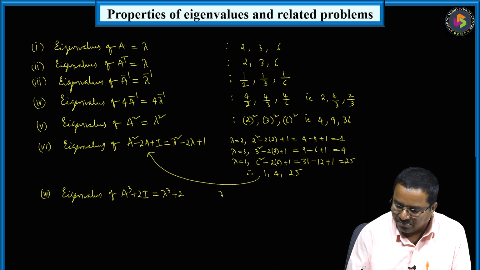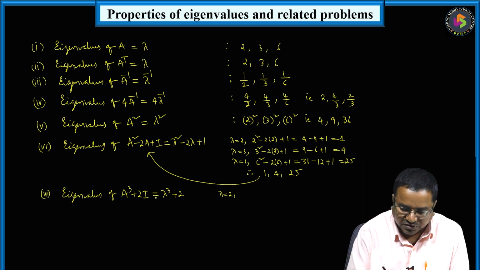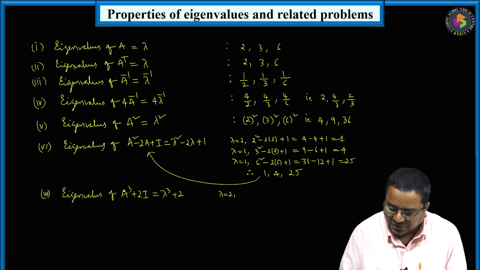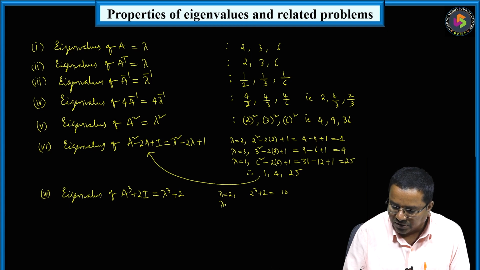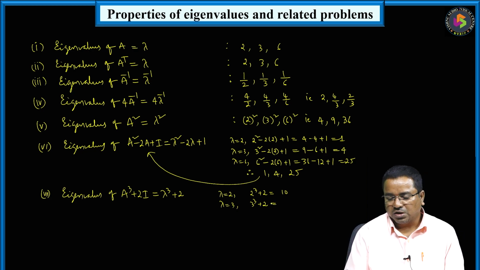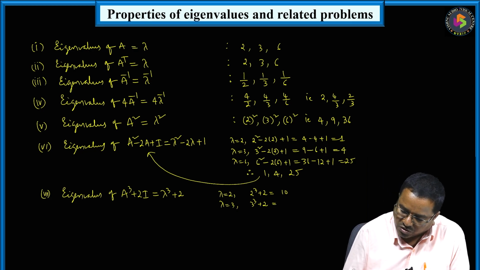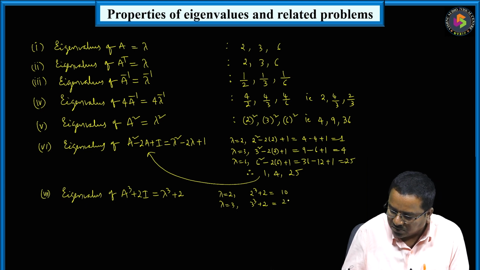So by substituting lambda equal to 2 in this equation, you will get the first eigenvalue of this A cube plus 2I matrix. Substitute: 2 cube plus 2. 2 cube is 8, plus 2 is 10. Then 3: 3 cube plus 2. 3 cube is 27, 27 plus 2 is 29.